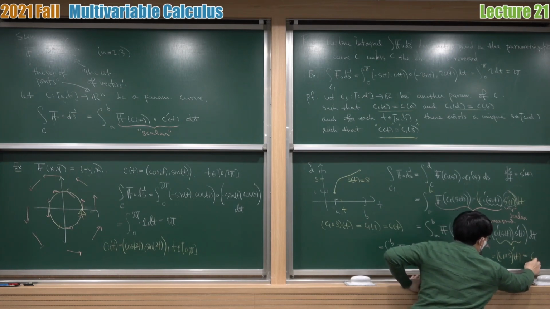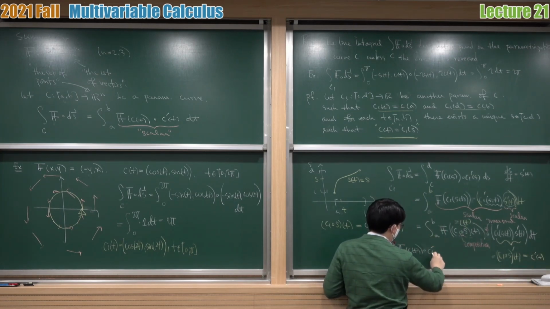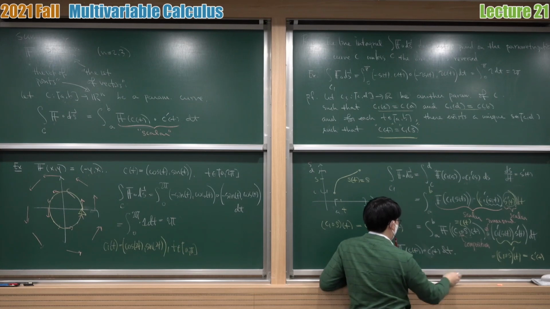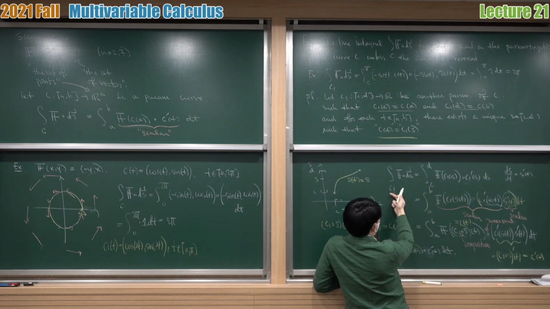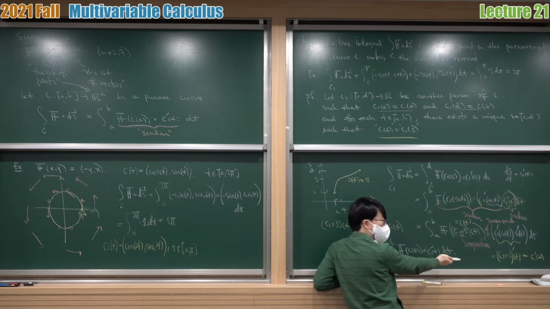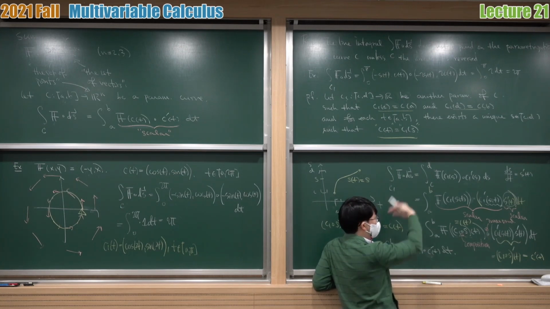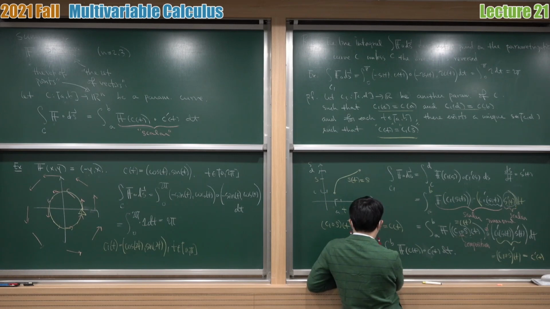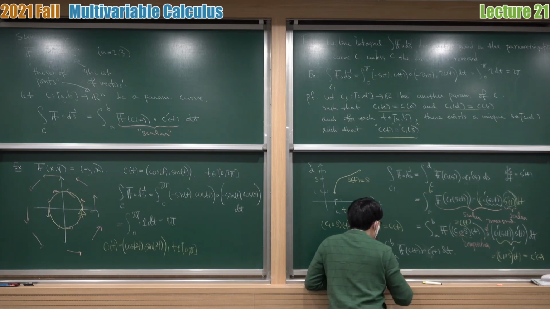This is equal to C, so this is equal to C prime of t. So I'm going to write C prime of t right away. So we get that the original formula using C1 as a parameterization is equal to the formula when we take C as a parameterization of the curve. So basically, we are talking about the same line integral.